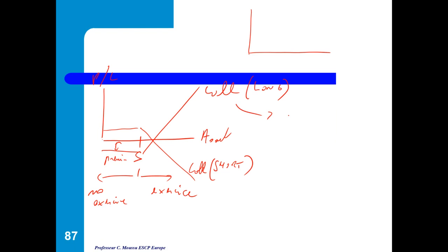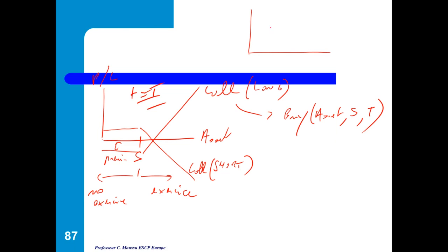A call is when you have the right to buy an asset, and then you have a strike, and then you have a maturity. This is the profit and loss at maturity. So I have the right to buy the stock at price 50 in 3 months. I can buy a stock at $50 in 3 months, and that's my option.